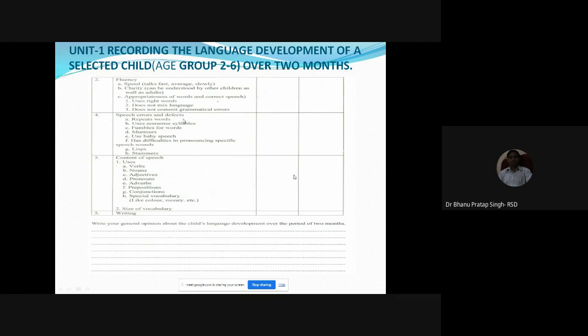Clarity: clarity of speech means whether it is understandable to others, teachers, parents, or other family members, and appropriateness of words and correct speech.